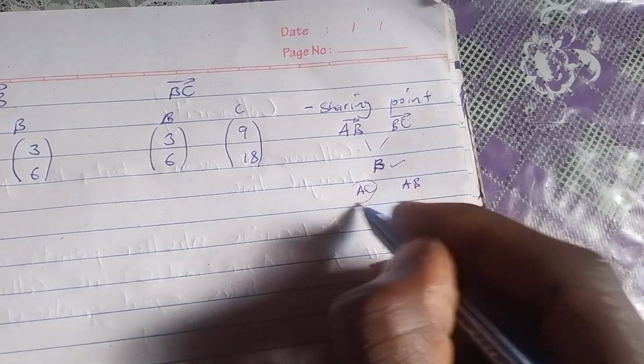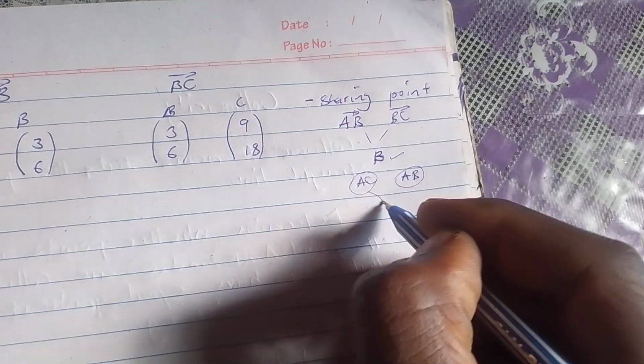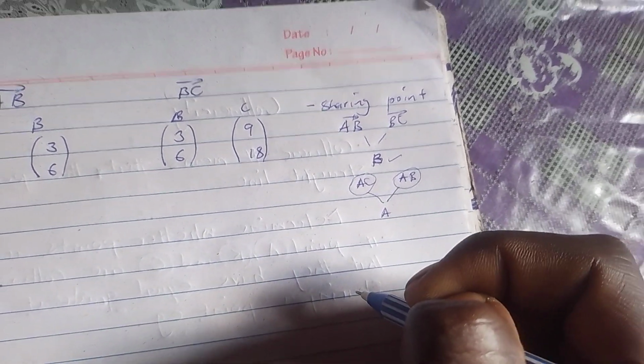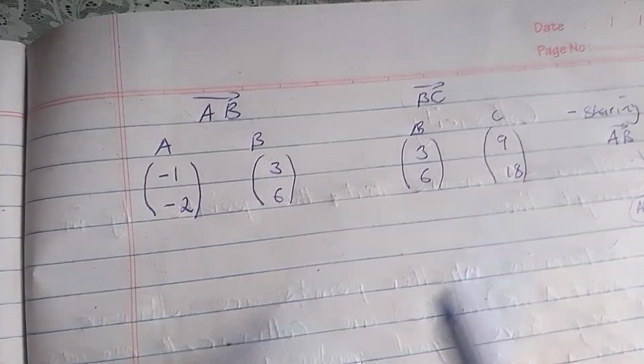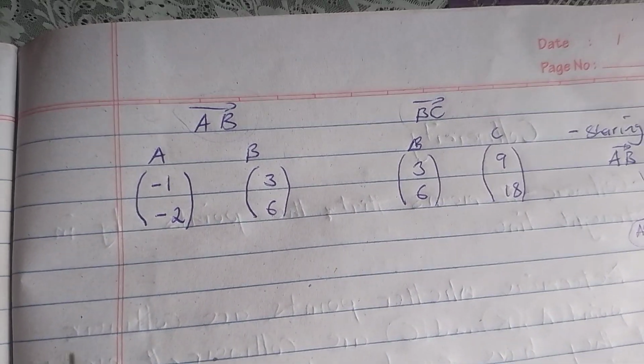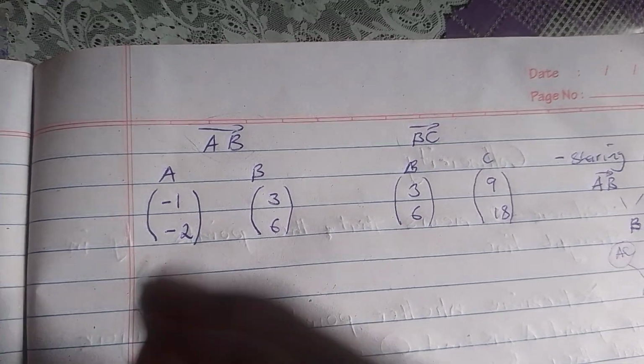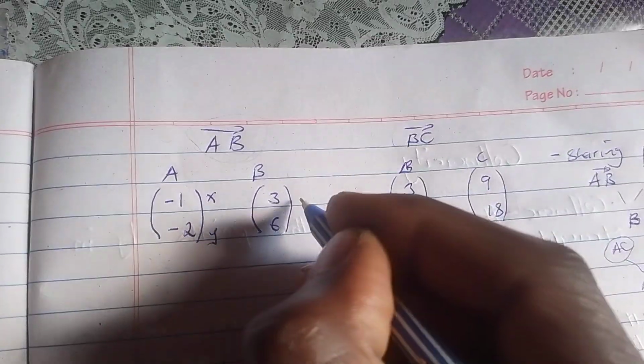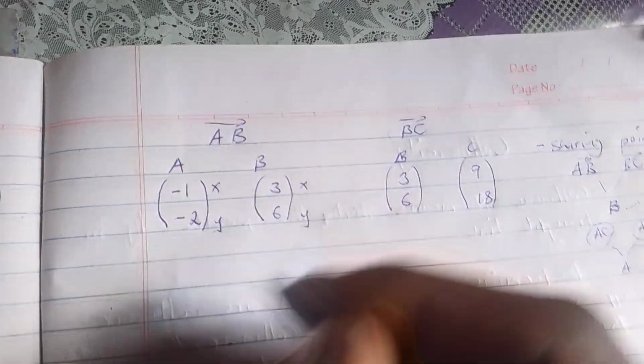I can prove it using this as well, as long as they share a certain point, which is A. Looking at the column vector, the top one is the x and the bottom one is the y, and likewise for the other.